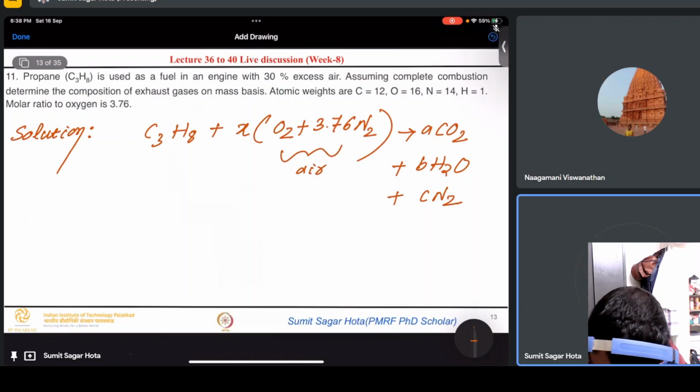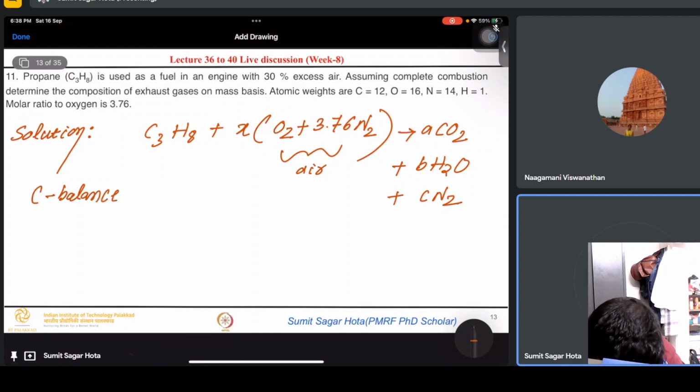Okay, so now what you have to do? You have to find this A, B, C and X. Then only you can get all these things. First you do which balance? Carbon balance in the left and right hand side. How many carbons are there on the left?